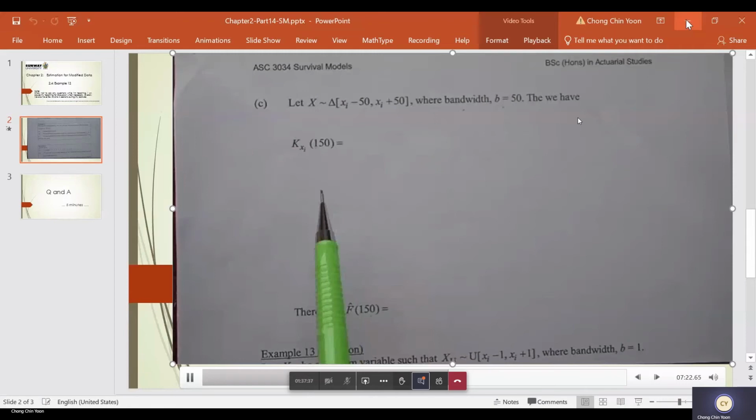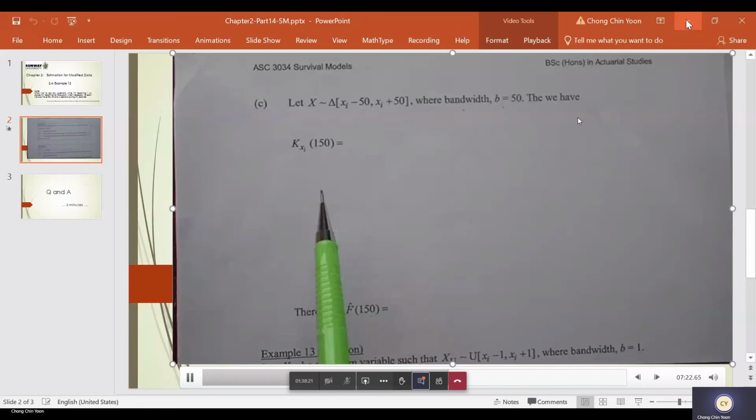For the third interval, xi is less than or equal to x, which is 150, less than or equal to xi plus 50. The value of k is 1 minus b minus x, 150, plus xi, squared, divided by 2b squared. And for the last interval, x, which is 150, is greater than xi plus b, that is 50, so this is always 1.